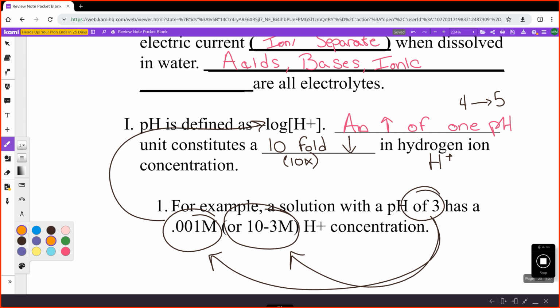Or flip it: if this were the concentration, it has a pH of 3, or if this were written as how the concentration was, it would have a pH of 3. Right? So that covers us here for acids and bases.